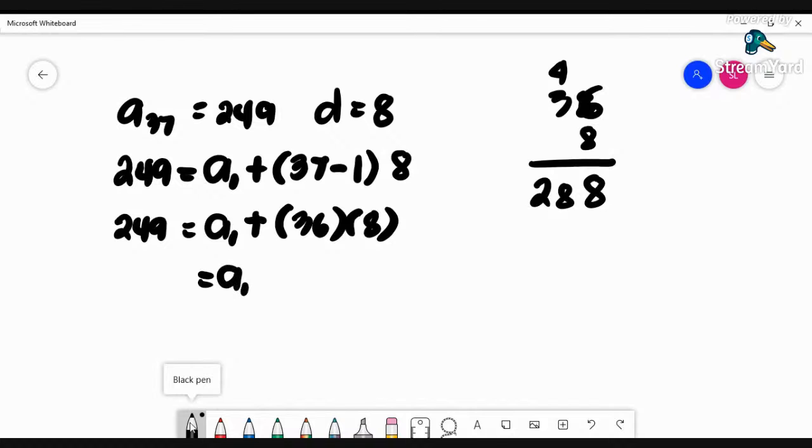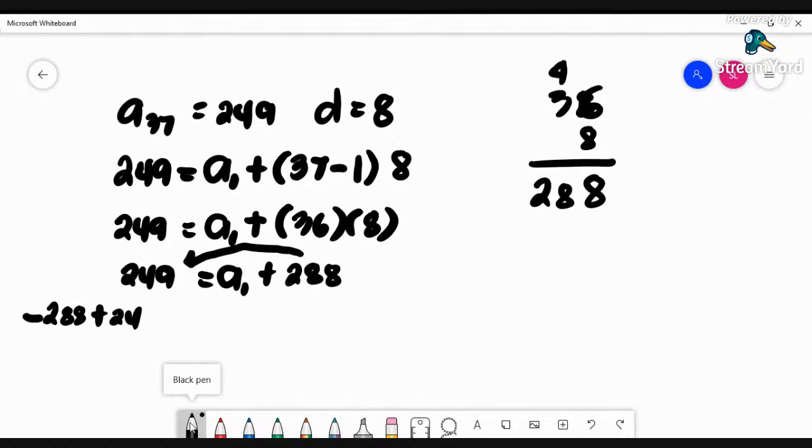A sub 1 plus 288 equals 249. To solve for A sub 1, we transfer 288 to the left side of our equation, so we get negative 288 plus 249 equals A sub 1.